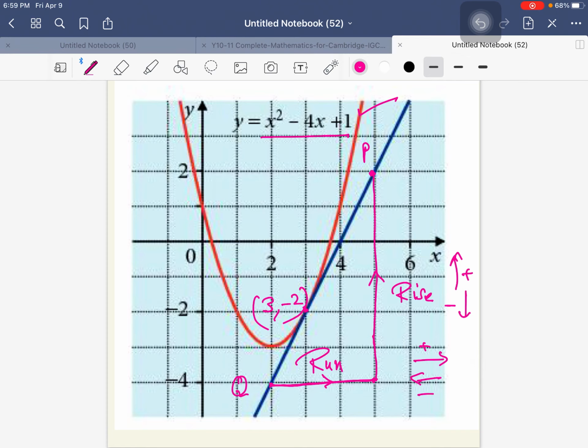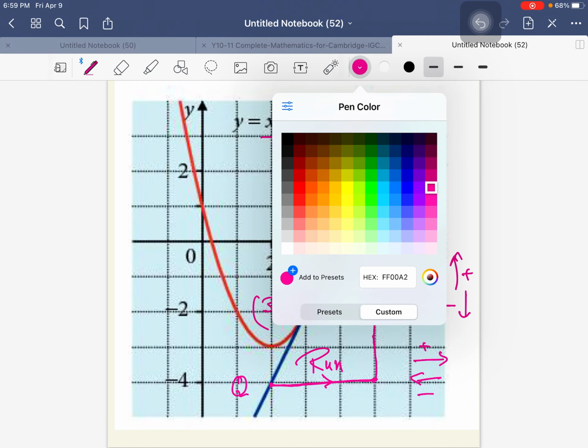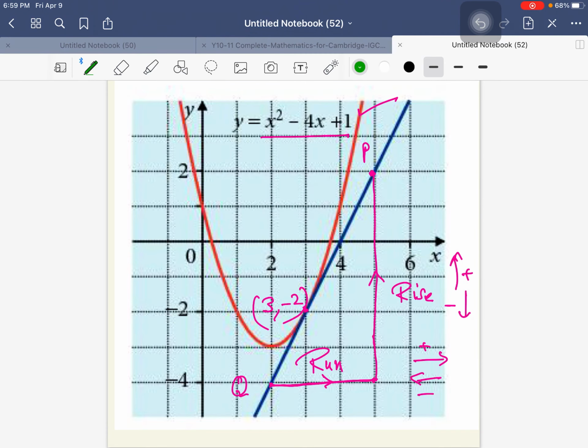Now you can see clearly here. What is the run? Because we are moving horizontally rightward, it is positive. So we moved 3 boxes. One box is 1 unit. So the run is 3. How much is the rise? 1, 2, 3, 4, 5, 6.